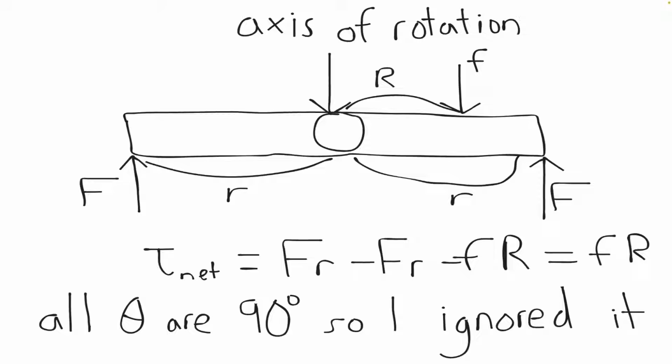The net torque of the system is just the sum of all the torques. Let's calculate. This first torque on the left side is making the system rotate clockwise. Think of it logically: you push it upward, it's rotating clockwise. So we're going to set it to negative Fr. This torque on the rightmost side is making it accelerate counterclockwise.